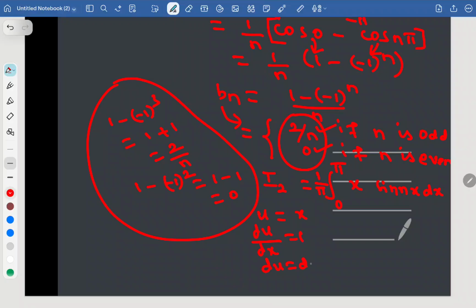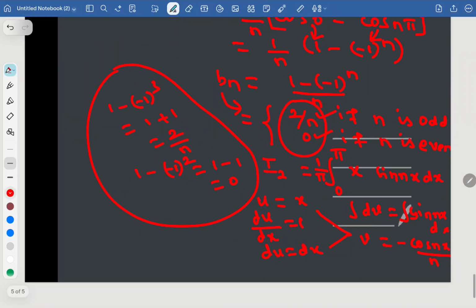What is du? dx. Integral dv, integral sin nx dx. What is v? Minus of cos nx by n, uv minus integral v du.